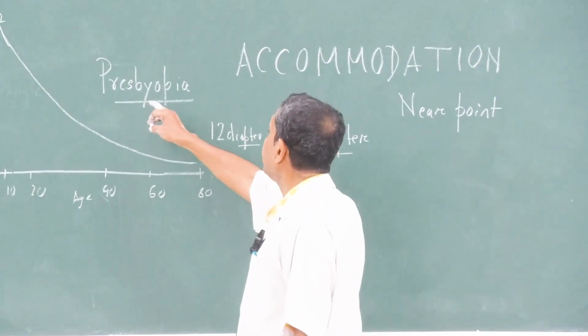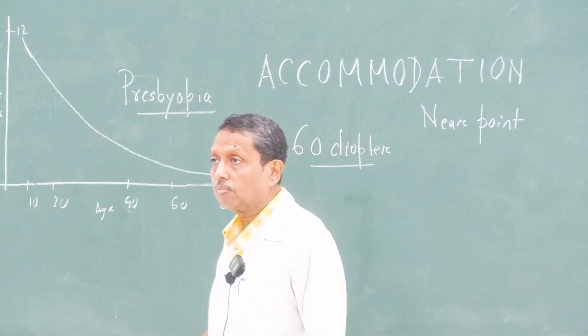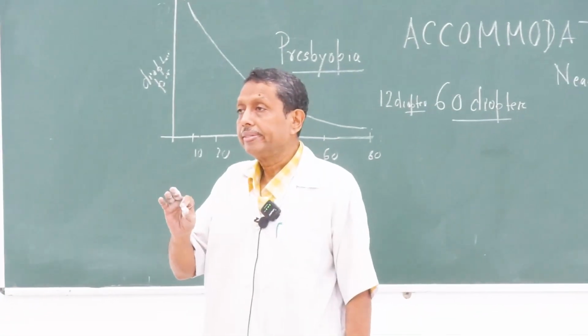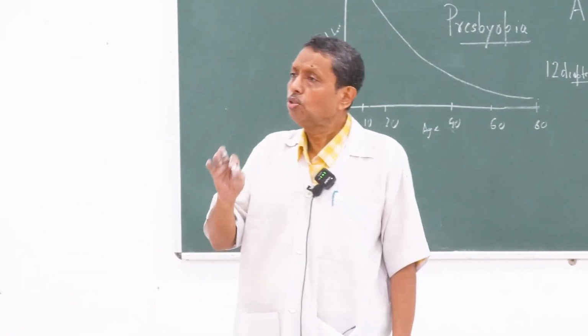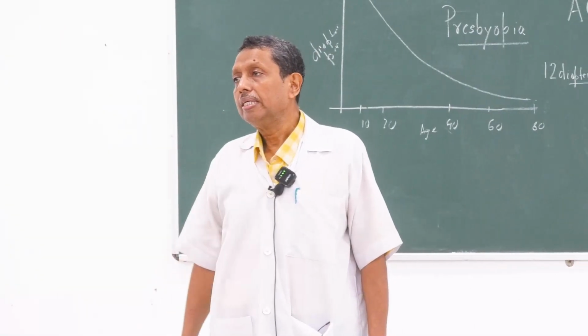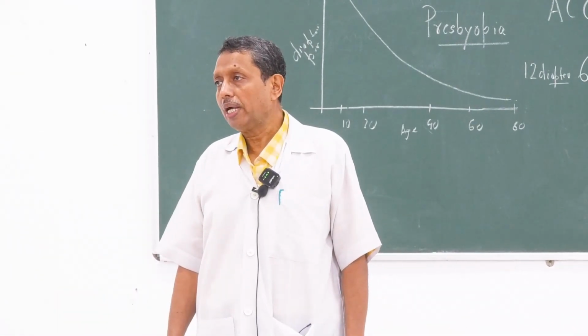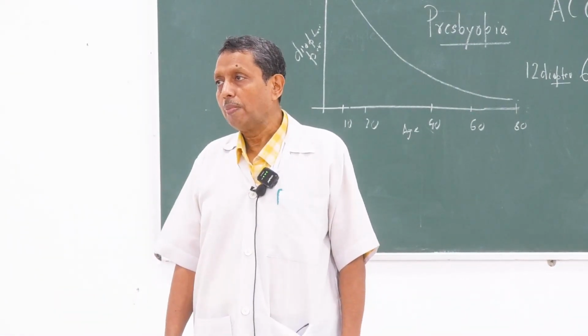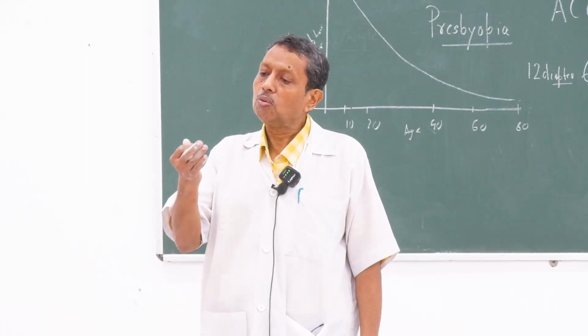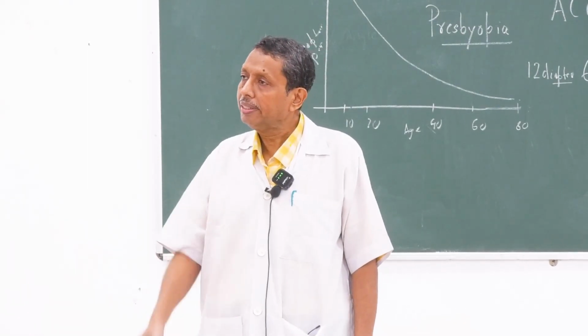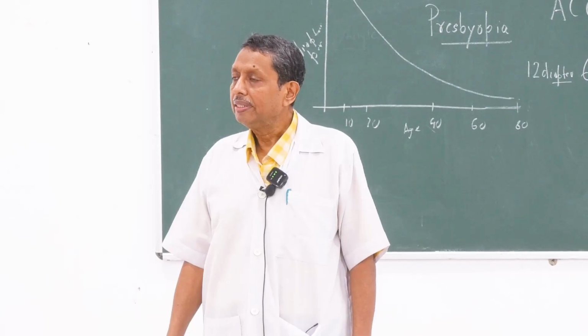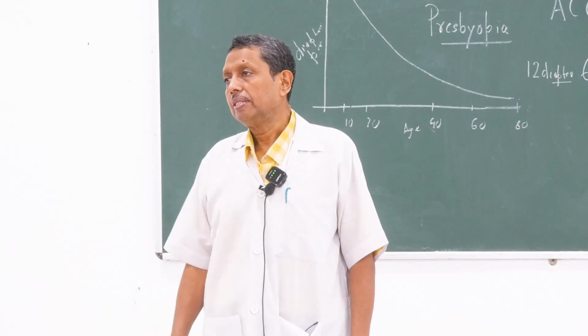So, the ciliaris muscle is used continuously in hyperopia or hypermetropia. But we are using this muscle unknowingly to see nearby objects.